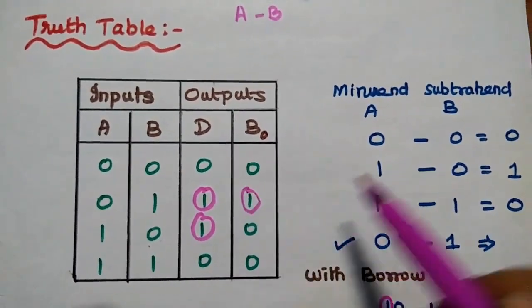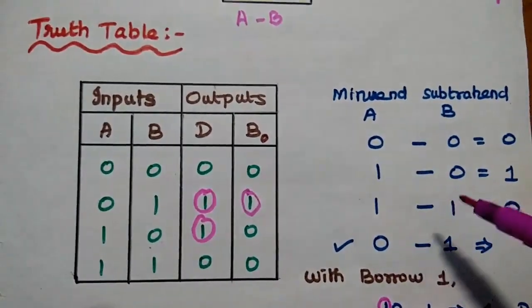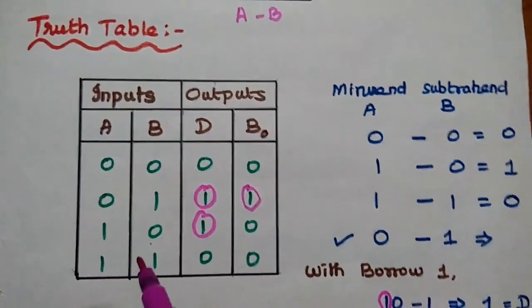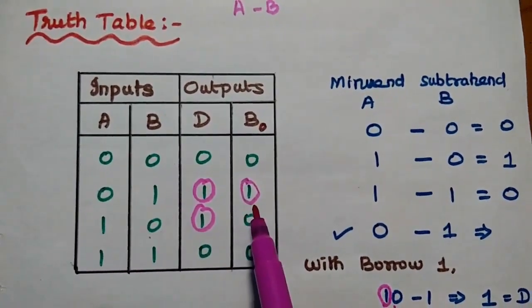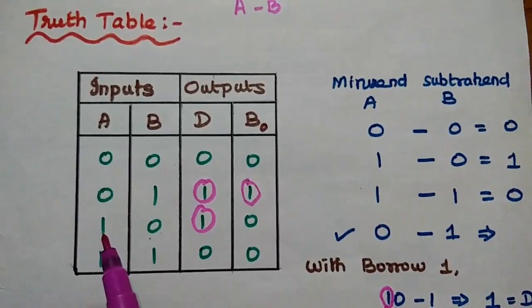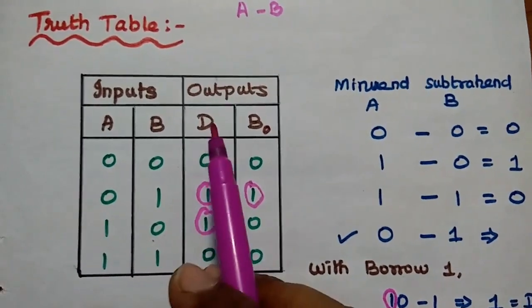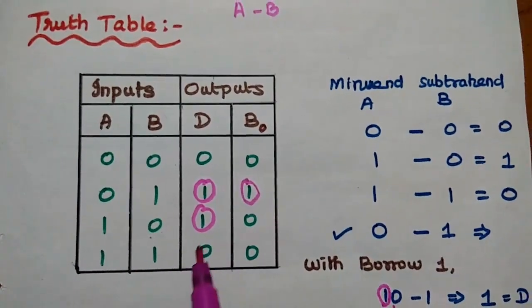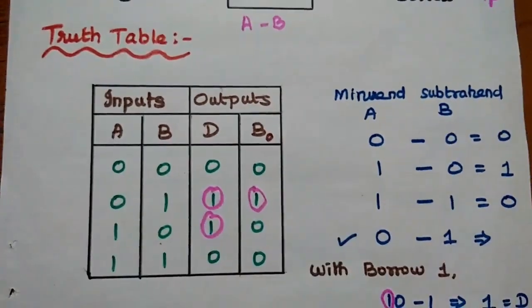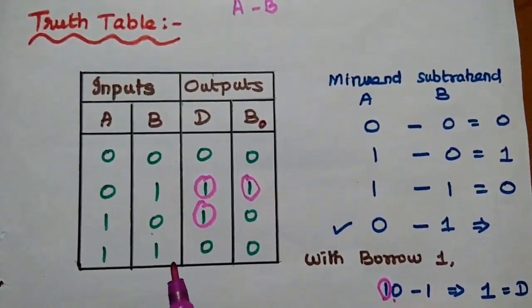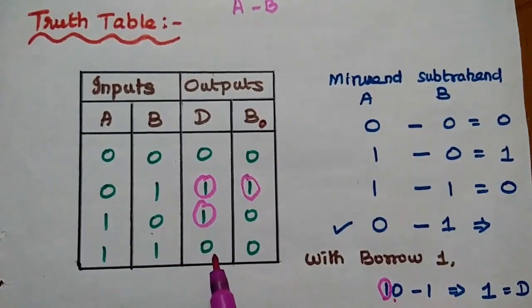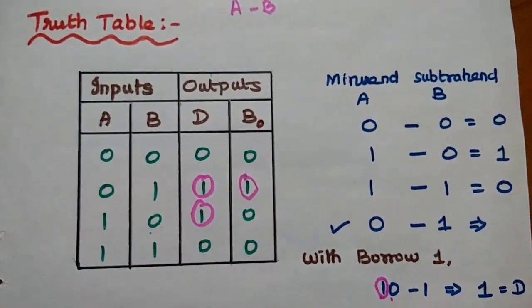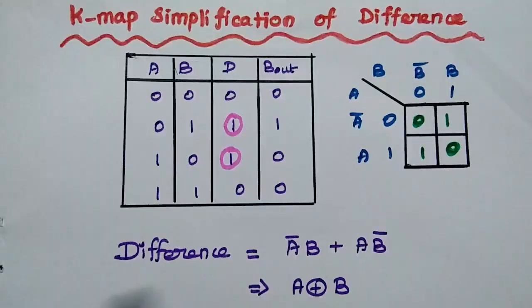As I told you, the minuend is smaller than the subtrahend, so we have to get a borrow value. And then 1 minus 0, the difference value is 1. The borrow is 0. There is no borrow. And 1 minus 1, the difference is 0. Borrow is also 0.